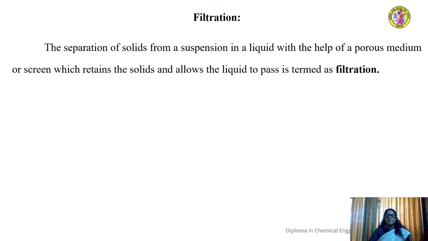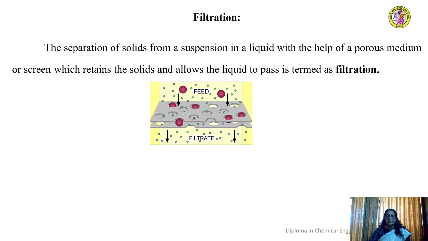So that is how basically a filtration operation separates the solids from liquids. It is a separation of solids from a suspension in a liquid with the help of a porous medium or a screen which retains the solids and allows the liquid to pass through it. So this is termed as filtration.